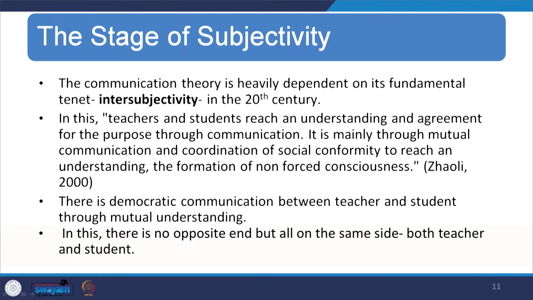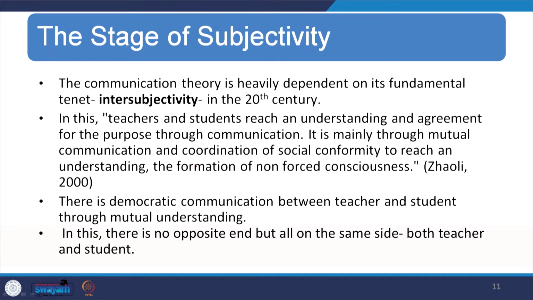And that is why we again moved to the next stage, and that is inter-subjectivity. This communication theory is dependent on its fundamental tenet in the 20th century, that is inter-subjectivity. Both the students and teachers have to reach a sort of understanding and agreement.